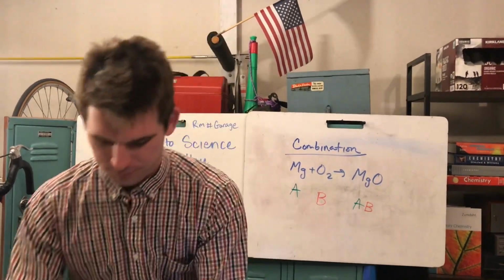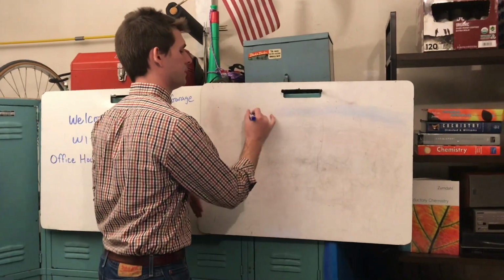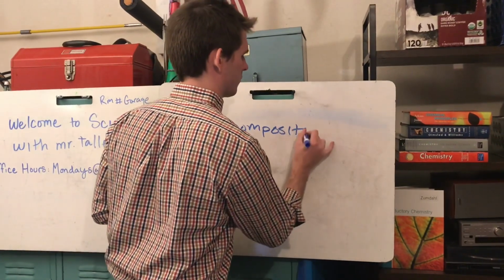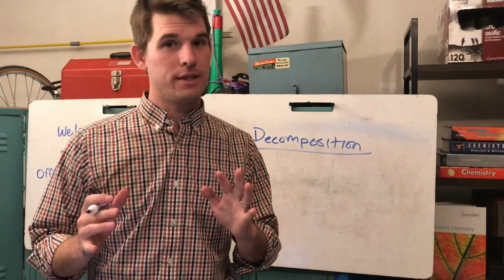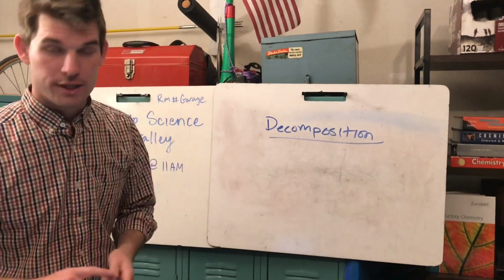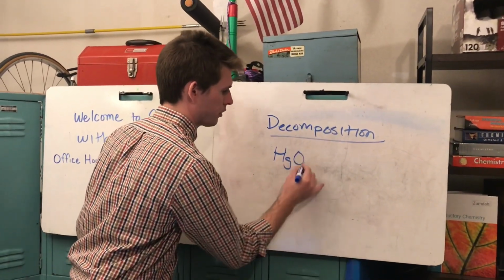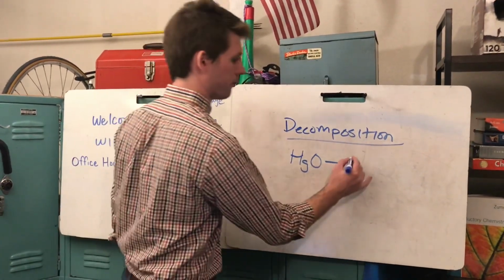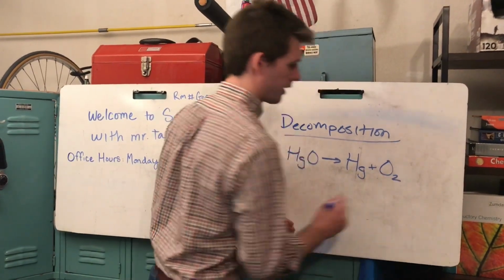The second type of reaction that you're going to be looking at is decomposition. A decomposition reaction is the exact opposite of a combination reaction. It's literally flipped. Our example will be mercury oxide, which is going to decompose in this example and form mercury and oxygen gas.